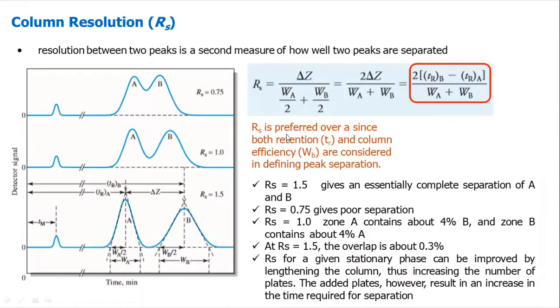So Rs is preferred over A since both retention time and column efficiency are considered in defining peak separation.